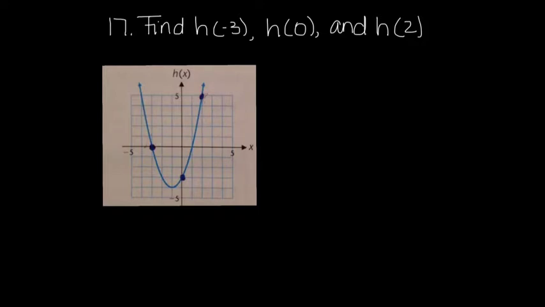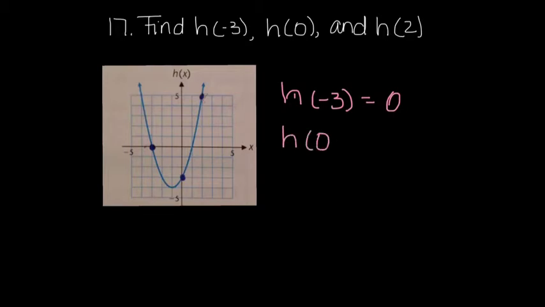To find these particular values of h, it's the same idea. I'm interested in the y value when x is negative 3, the y value when x is 0, and the y value when x is 2. So to find h of negative 3, when x is negative 3, y is 0, so that tells me that h of negative 3 is equal to 0.